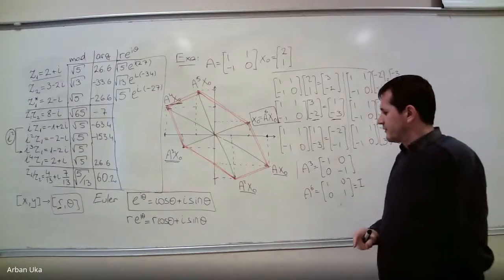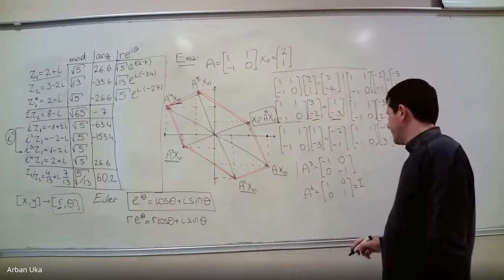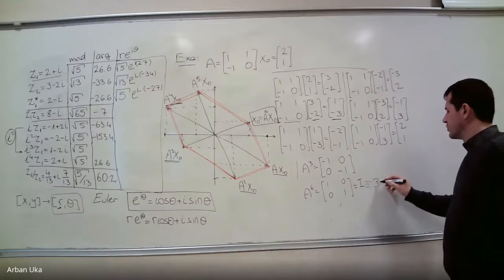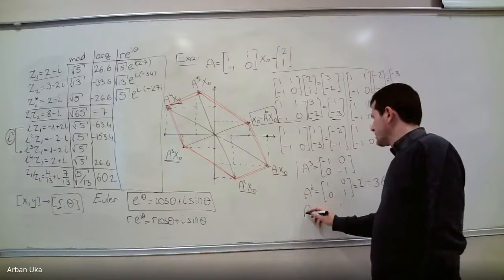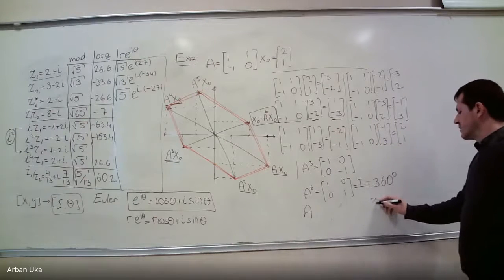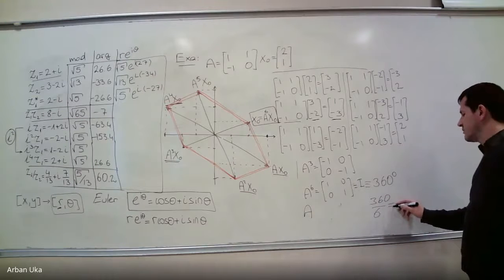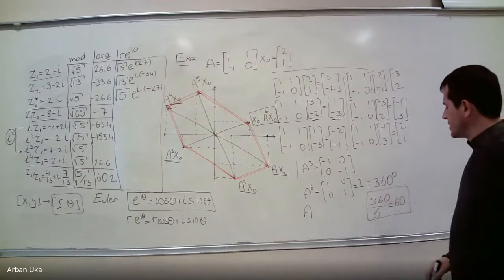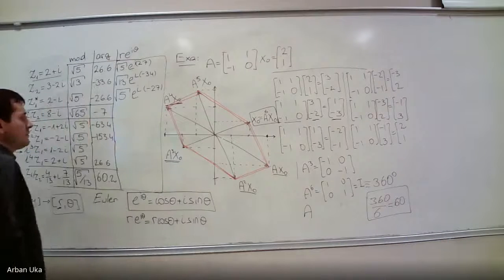So on average, what is the rotational angle by the matrix A? Now, a to the power 6 is equivalent to a rotation by 360 degrees, okay? This means that the matrix A, on average, rotates by an angle 360 by 6, okay? So this is what the matrix A rotates.